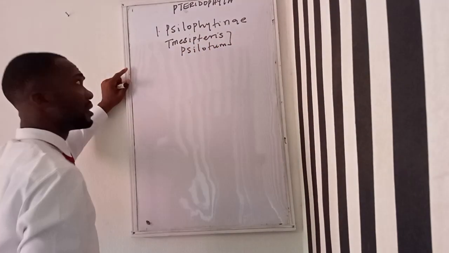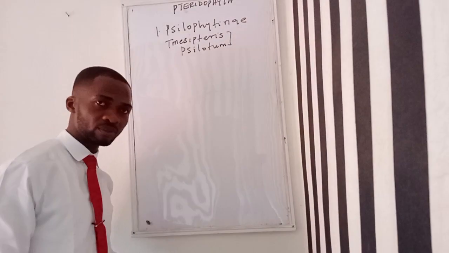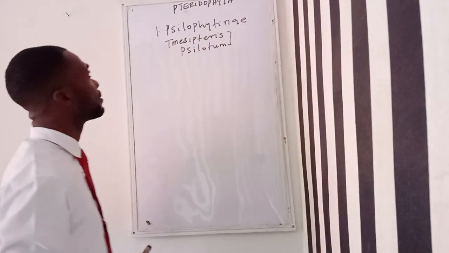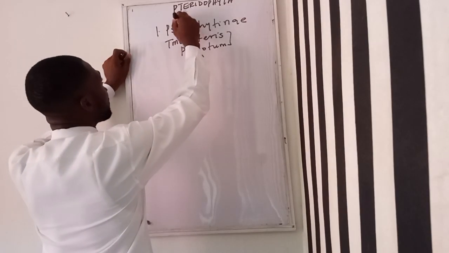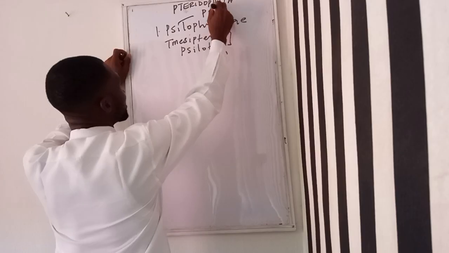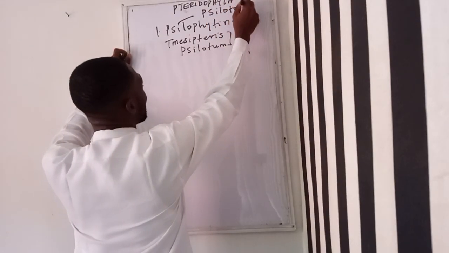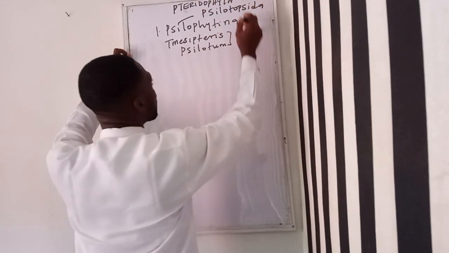So these two are the major genera that are found in Psilophytinae. If you don't call it Psilophytinae, another name that can be given to it is Psilotopsida. So Psilotopsida or Psilophytinae is the first class.